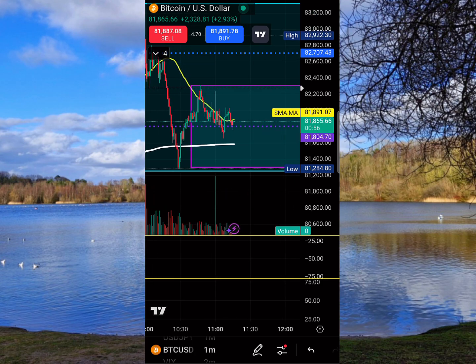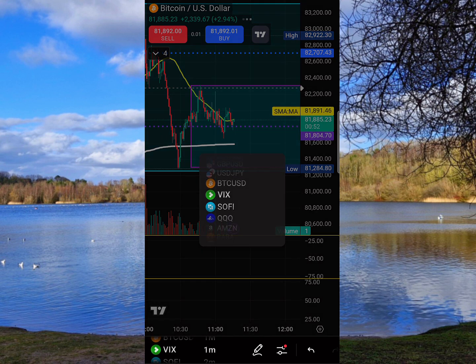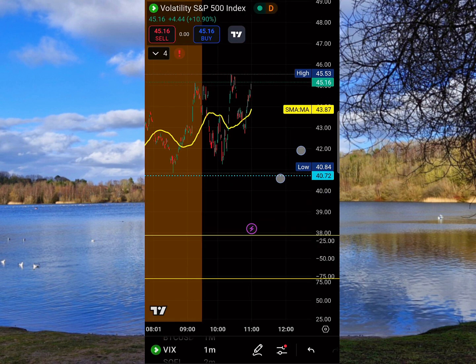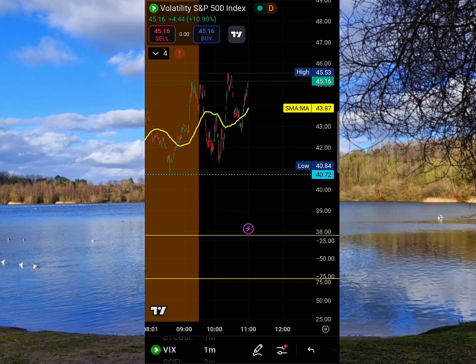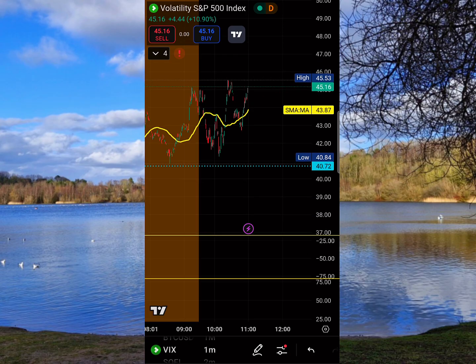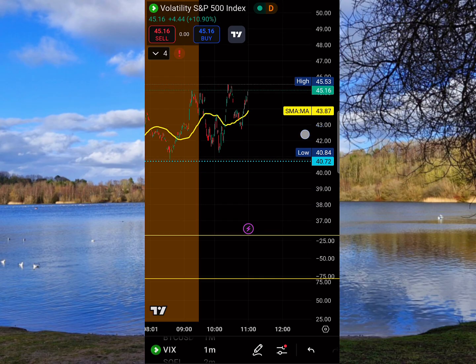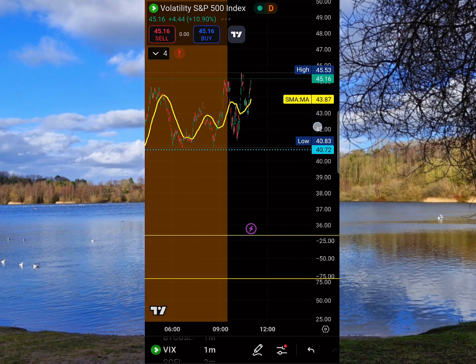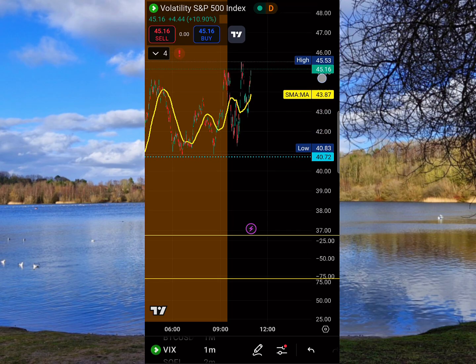So let's move on. That's Bitcoin. Let's have a look at the VIX today. So the VIX is still quite high. It's still under 50, but it's still above the normal 20. So the VIX is still quite volatile.